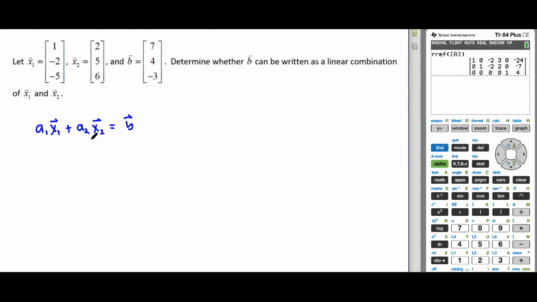So if x1 and x2 can be combined together to form b, then I need to figure out a1 and a2 that make that happen.